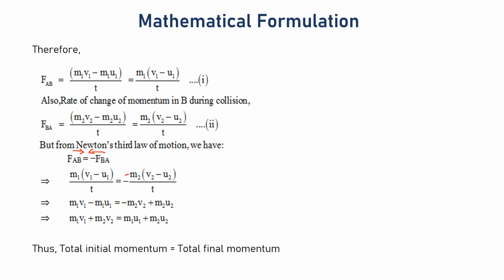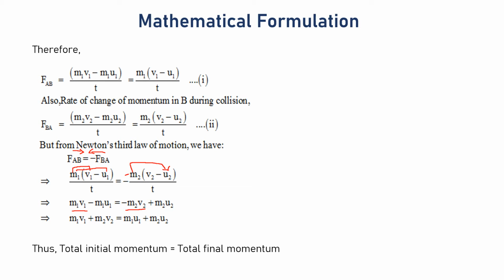I am getting minus m2 v2, isn't it? Negative multiplied by positive is negative. Now minus m2 multiplied by minus u2 will be plus m2 u2. So I am getting minus m2 v2 plus m2 u2 here, right? Over here also, m1 into v1 is m1 v1, and m1 into minus u1 is minus m1 u1.